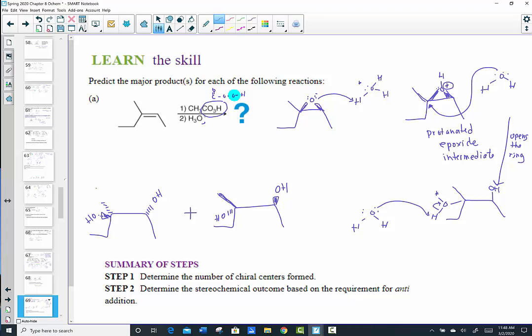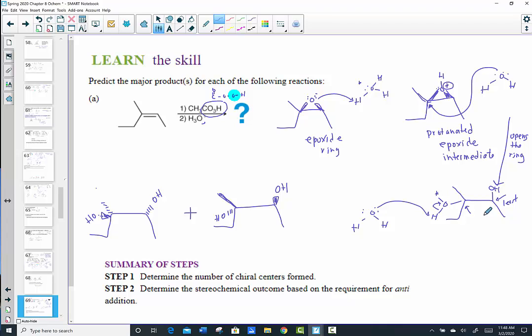An anti-addition. This epoxide ring prevents a carbocation from forming, and the ring opens through the attack of a water molecule on the most substituted carbon. So when that ring opens, the first hydroxyl is on the least substituted, and the second protonated hydroxyl is on the most substituted.